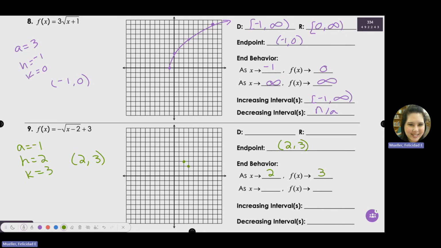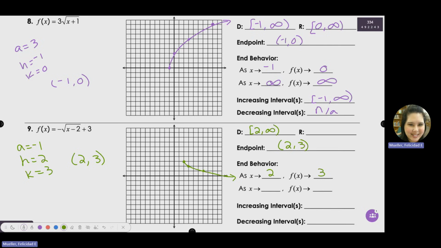So I'm going to move 4 over. I'm going to go down 2. And if I could, I would go over 9, but I can't. 6, 7, 8, 9 would be about right here. So it's going to look like this. So my domain is still going to be 2 to infinity.